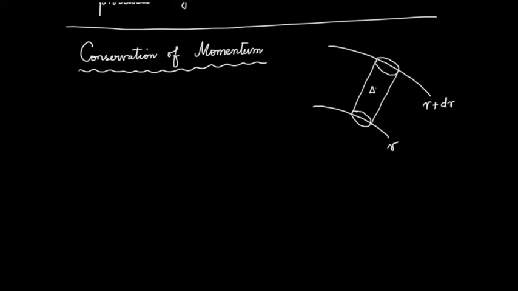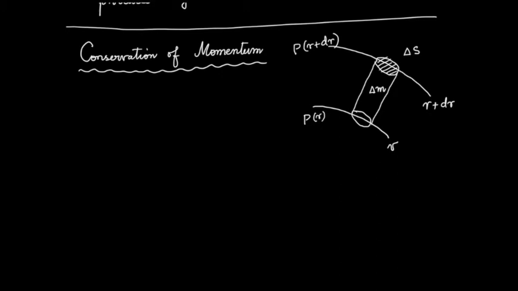The mass inside this, what is called a pillbox, is delta m. The pressure at this radius is P of r. The pressure at this radius is P of r plus dr. And this pillbox has an area of delta S. Okay, this is a cylindrical region.